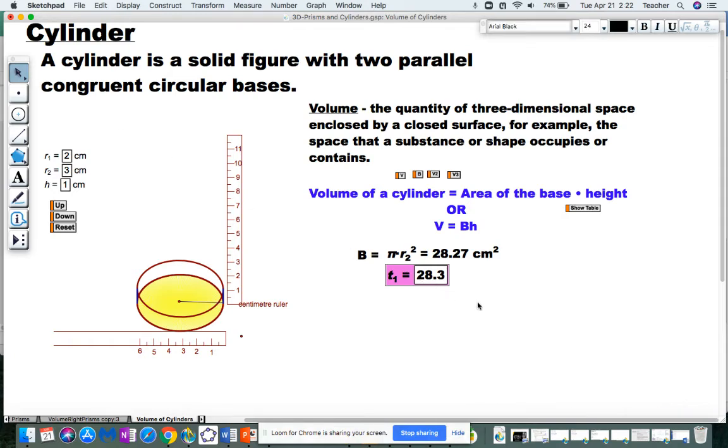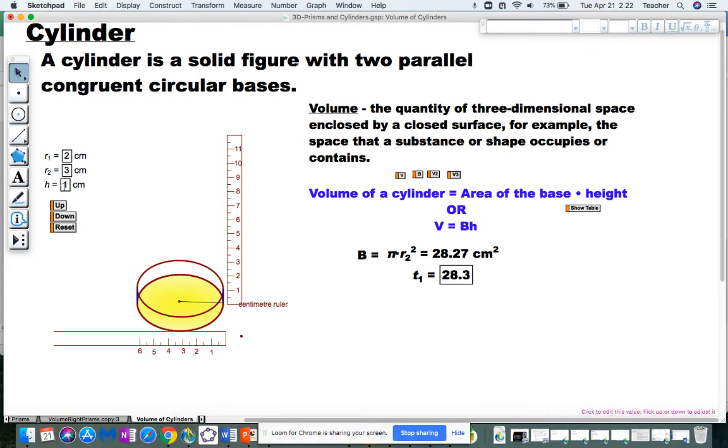Again, pay attention to what it asks you to round to. This is the actual pi value, this is 3.14. Pay attention to what it asks you to round to.